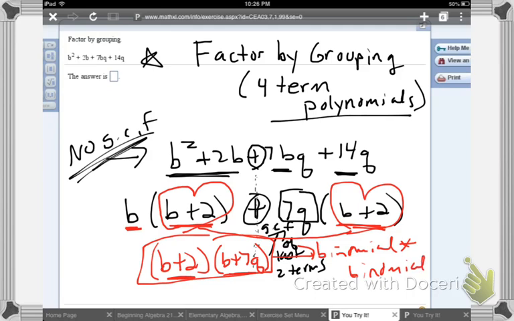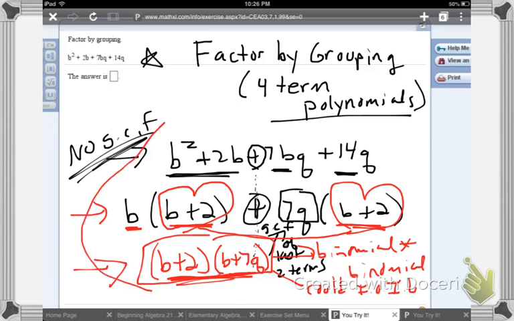A lot of people get to this step and leave it accidentally. You want to take it to that final phase, meaning your final answer is something that you could FOIL: first, outer, inner, last, good old multiply. You could multiply these two binomials and see if you send yourself back to the original, right?